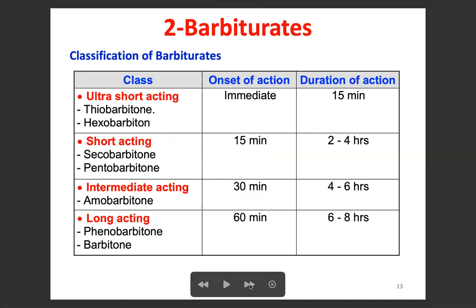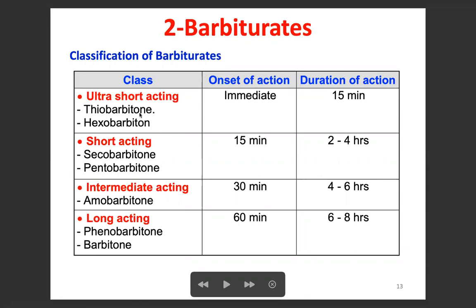Which are the drugs in barbiturates? Ultra short acting: the duration of action is 15 minutes and onset of action is immediate. The examples are thiobarbitone, hexabarbitone.